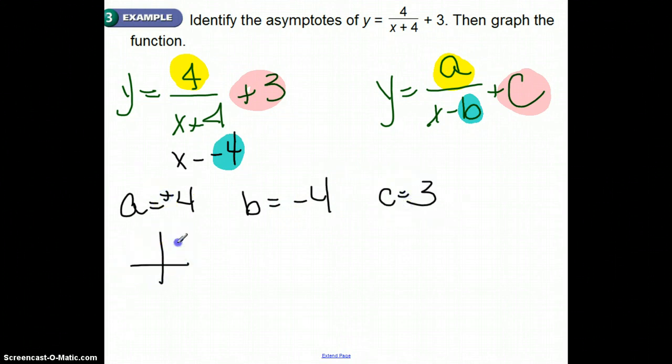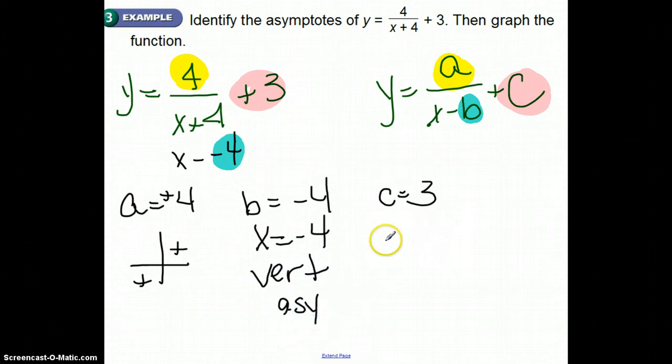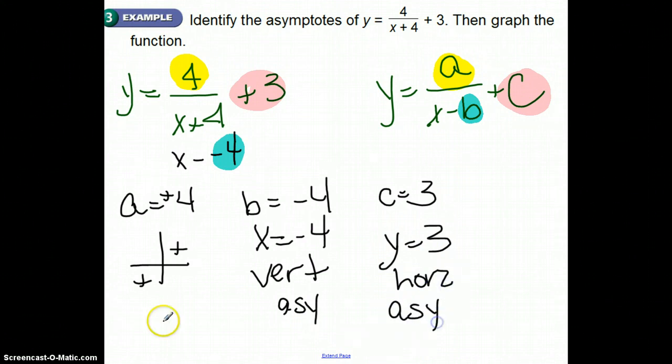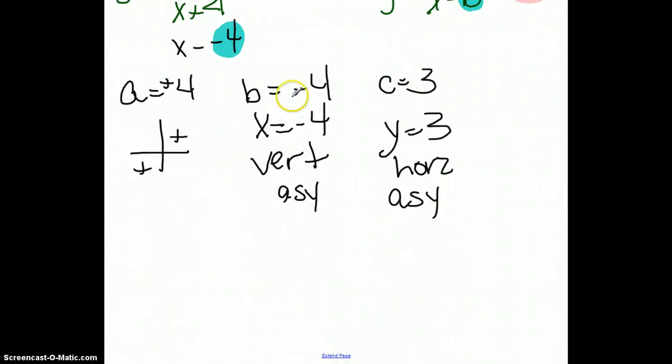Because this is a positive 4, it's going to go in those two quadrants. X equals negative 4 is going to be my vertical asymptote. And y equals 3 is going to be my horizontal asymptote. Okay, so I'm going to start by making my x and y axis and labeling it.